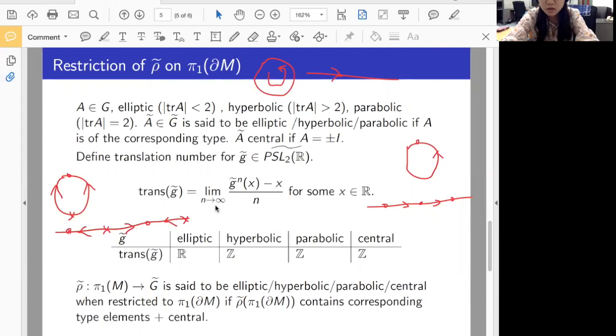So roughly speaking, the translation number measures how far away a point on the real line is moved by G tilde. And in particular, this definition does not depend on the point x you choose.